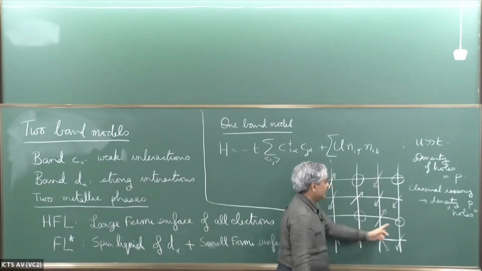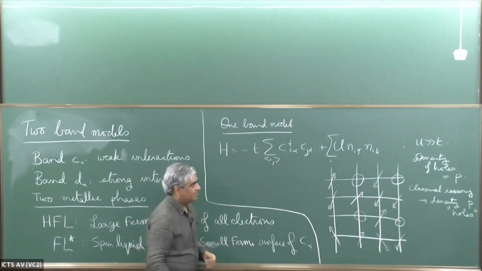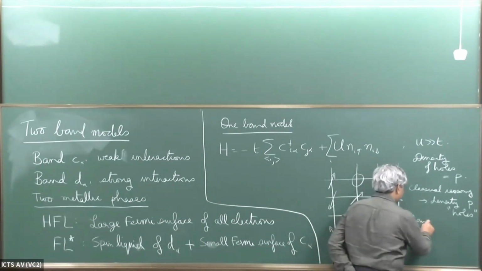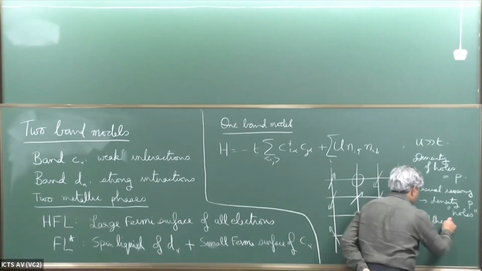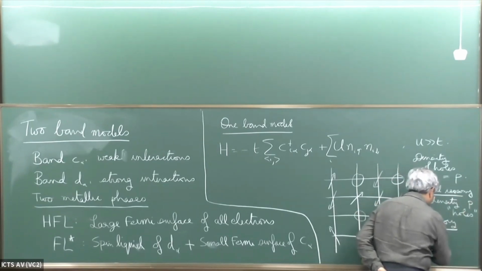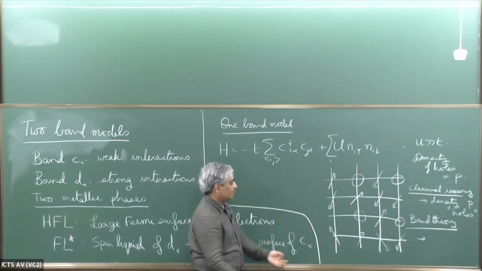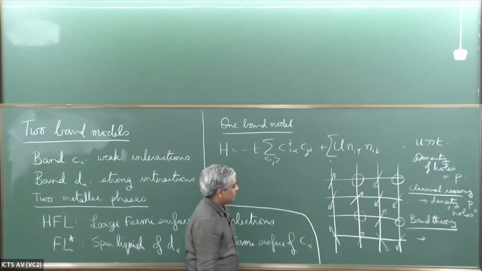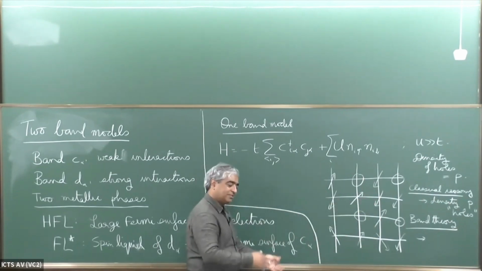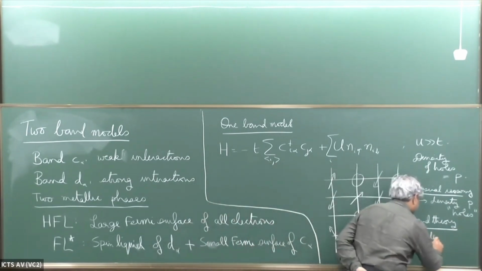Well, in band theory, holes are always in a filled band. So band theory reasoning would tell you that if you had a fully filled band, there's 2 electrons per site. And now I have 1 minus p electrons. So the number of holes with respect to 2 is 1 plus p. The density is 1 plus p.